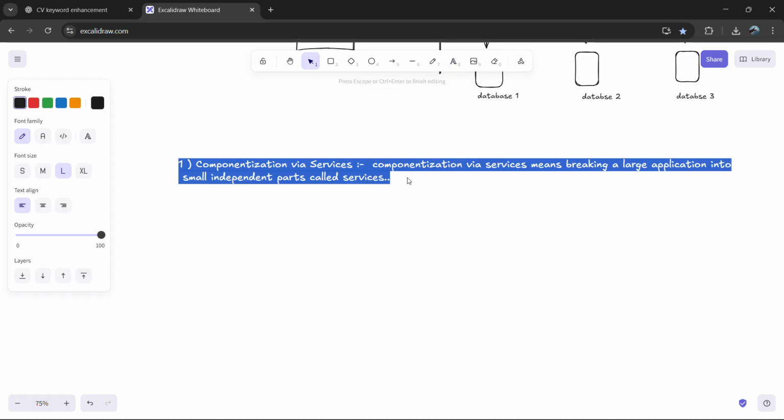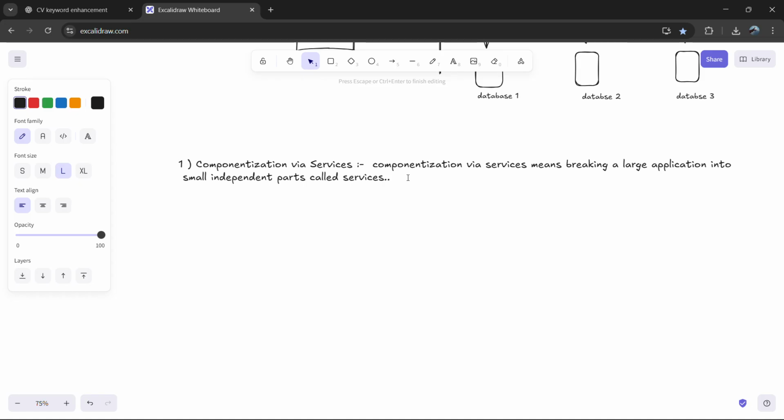So what is the second concept that is given by Martin Fowler? The second concept is organized around business capabilities.